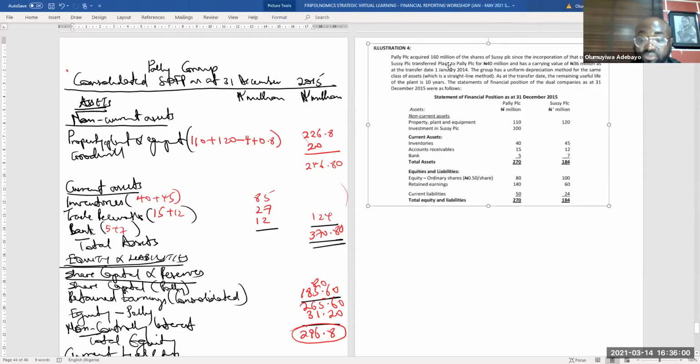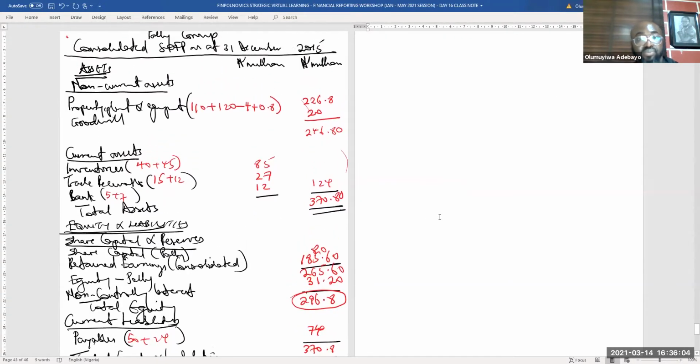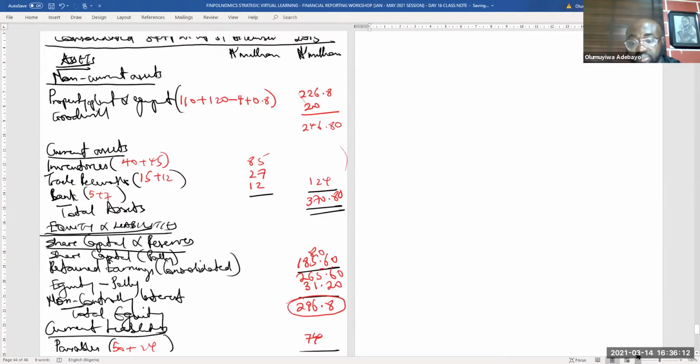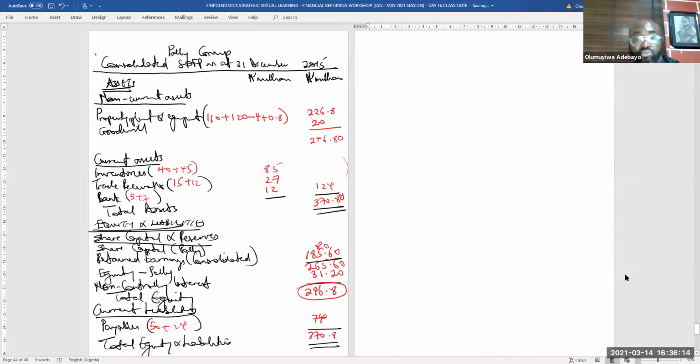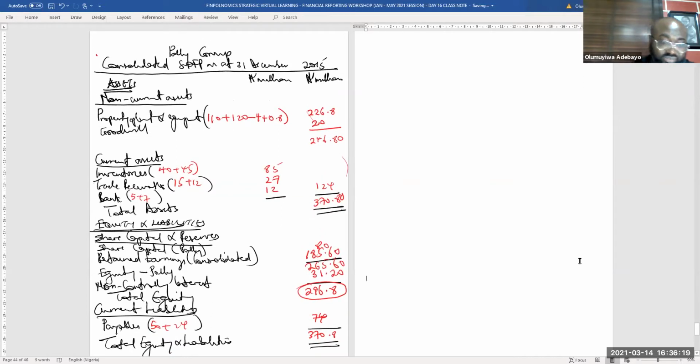And the position remains the same. This is the adjustment regarding upstream or downstream transaction with respect to transfer of assets. Any question?